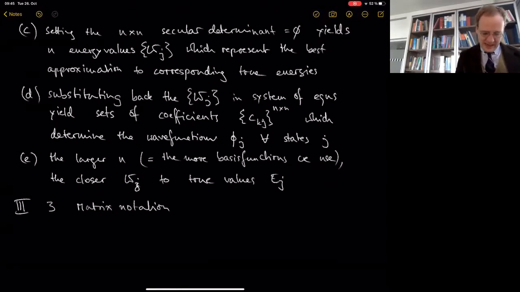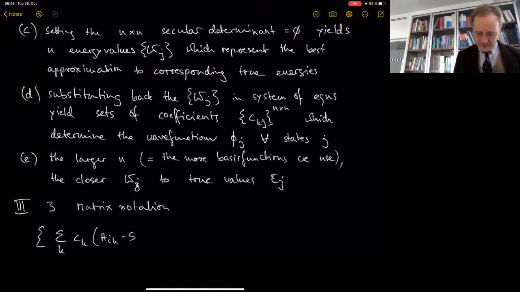But basically what we have is a sum over your basis set coefficients, right? And I drop the n now, it's implicit, right? K runs from 1 to n, just as all the other indices. And then we have our coefficient k, then the matrix H ik minus W S ik.